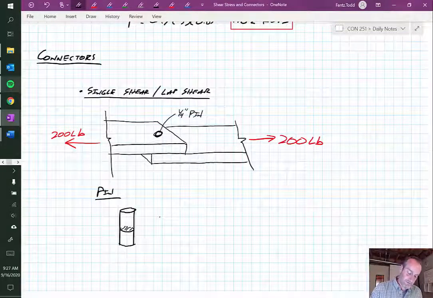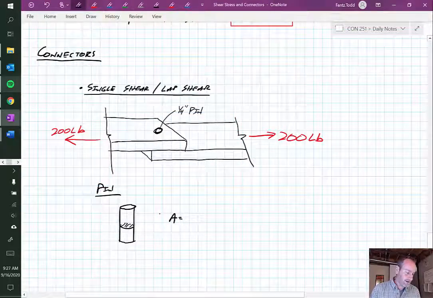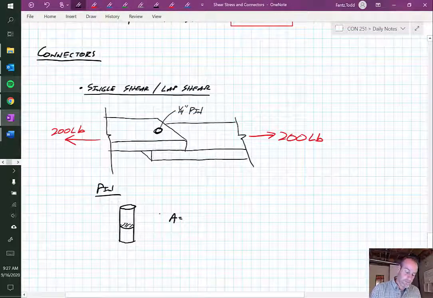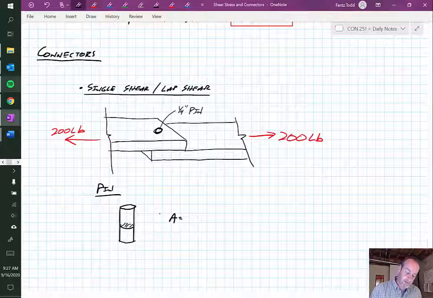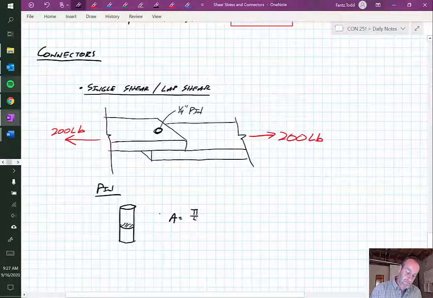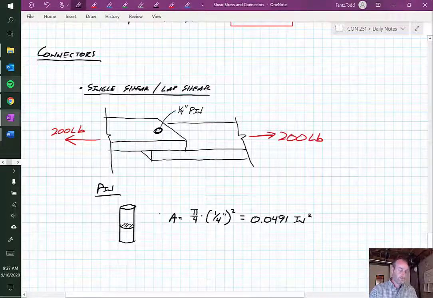And we said before, if we want to find the cross-sectional area of a circle, it's pi r squared. But because we know everything in diameters in construction, like this is a 1/4 inch diameter pin, I'm going to use pi over 4 times the diameter, in this case 1/4 inch, and that's what I'm squaring. So if I punch that in my calculator, I end up with 0.0491 square inches.